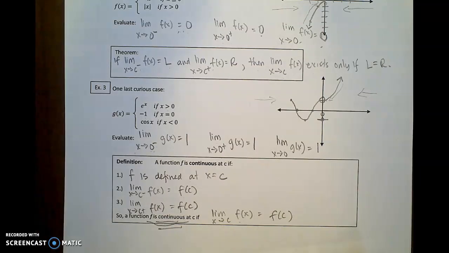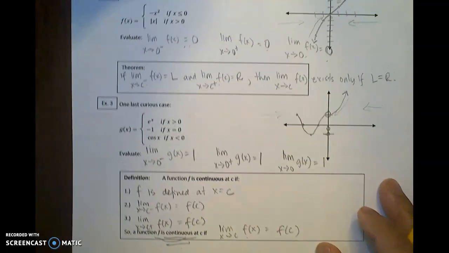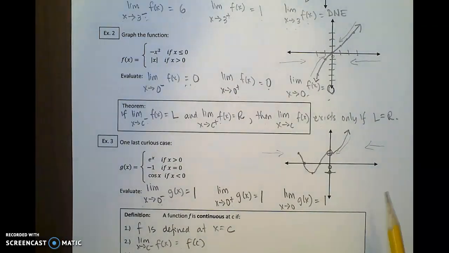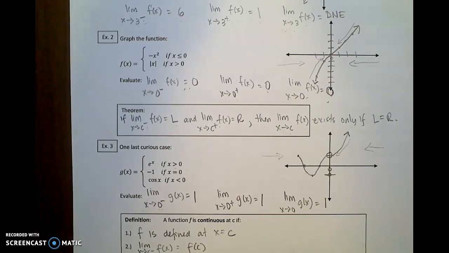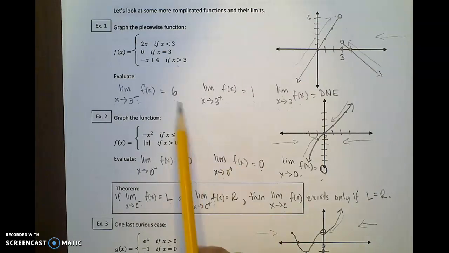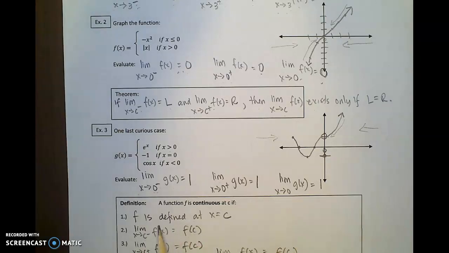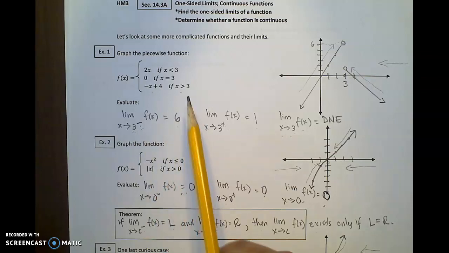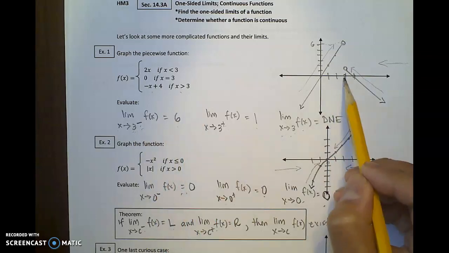Okay, so let's go back to the previous three examples and figure out which of these are continuous. Now it's not about limits, it's about whether these functions are continuous. Take a look at example number 1. The first requirement for continuity is that the function is defined at c. The c value is 3, so I plug 3 in for x. Do I get an output? I do. Here, when x is 3, there is a defined output.